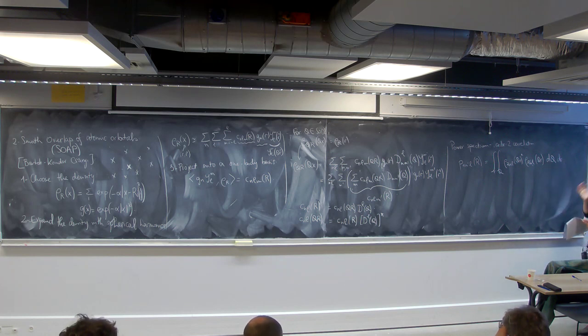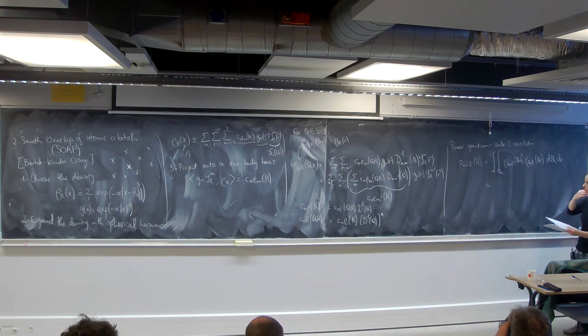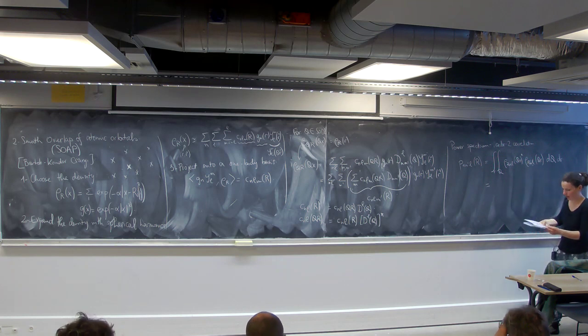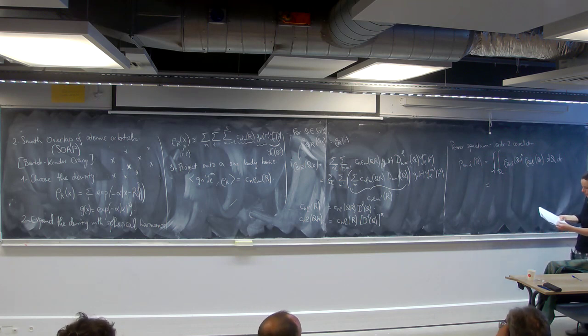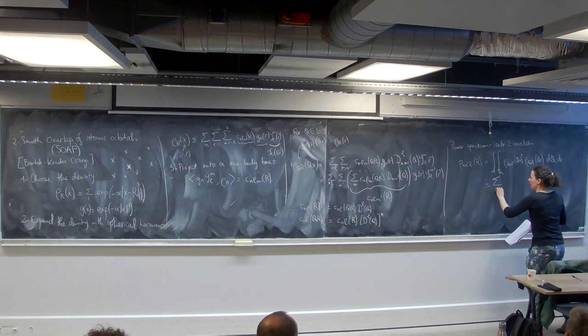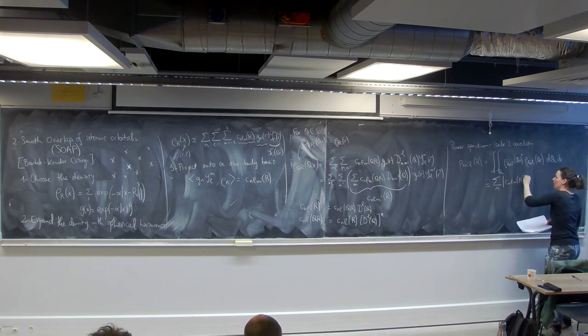And so here, you can expand this, and then you get a product of Wigner matrices, which makes a lot of things orthogonal, so they disappear. So at the end, what we get is just the sum over m of c_nlm(R) squared.